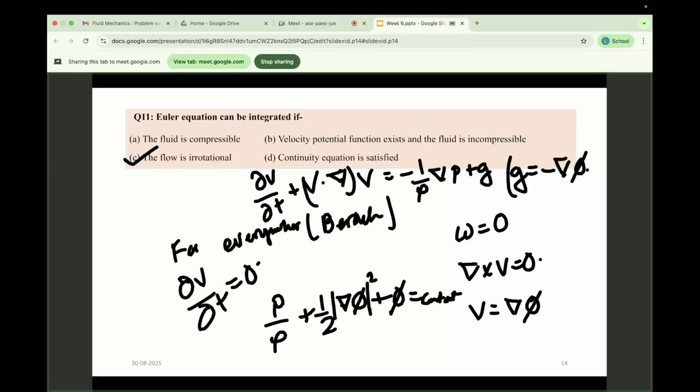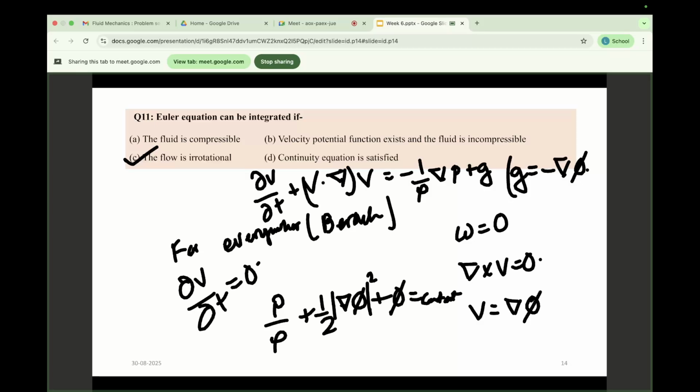But that doesn't indicate whether you can do the integration or not, because it will not know what type of function it is. But if it's incompressible, then density is constant, so it comes out easily and integration can be easily done. For compressibility we can't say, maybe it is possible, maybe not.